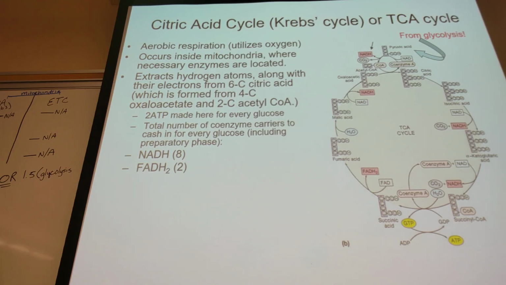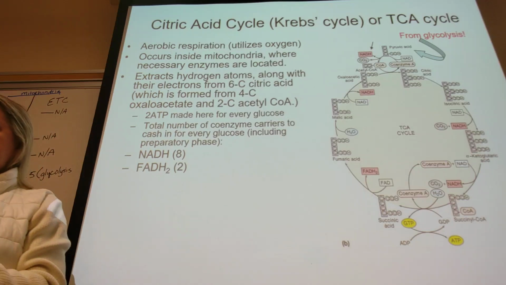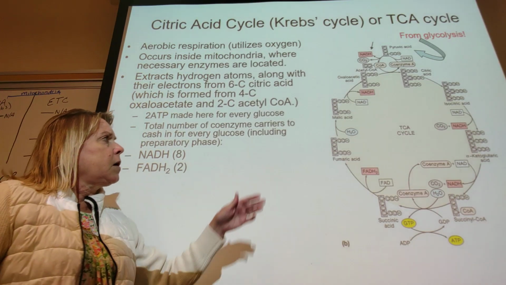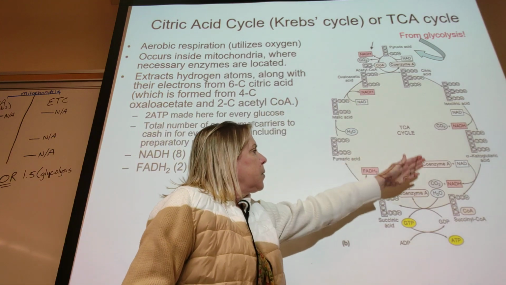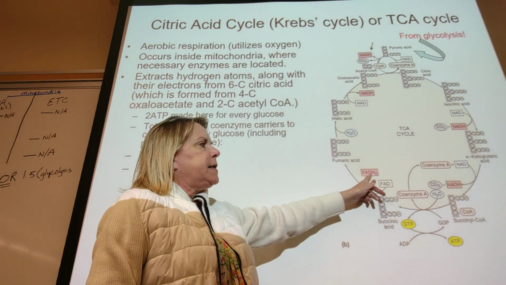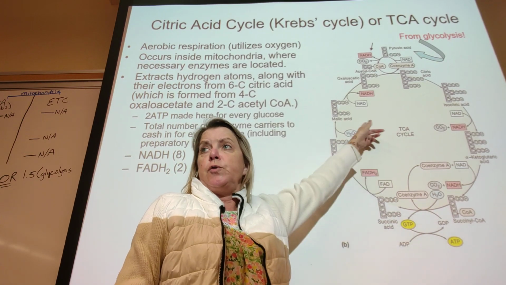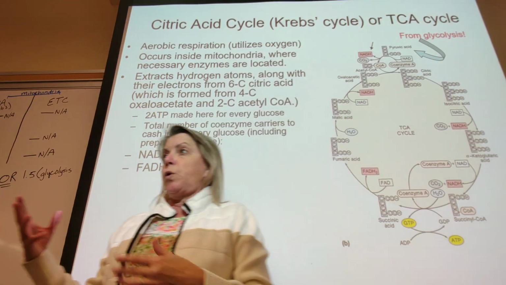So now we have 4 NADH. And that includes 1 that's made by the prep phase, preparatory phase, as I like to call it. What else do we make? We make 1 FADH2. But if we were considering the 2 rounds, it would be 2 total.